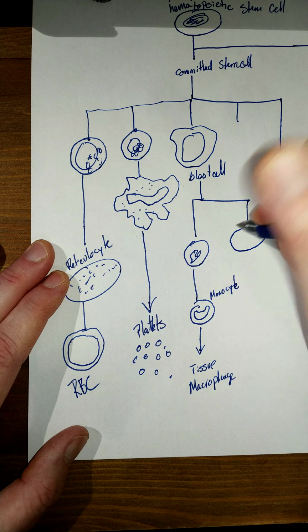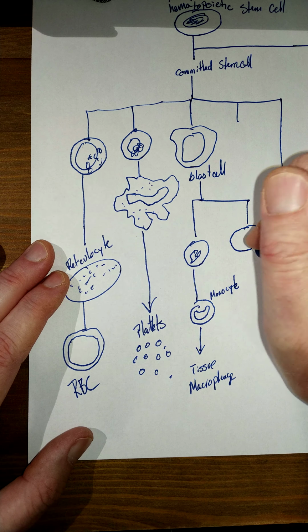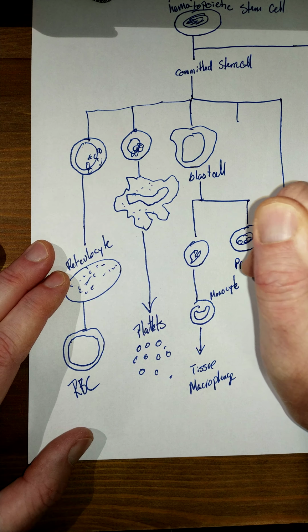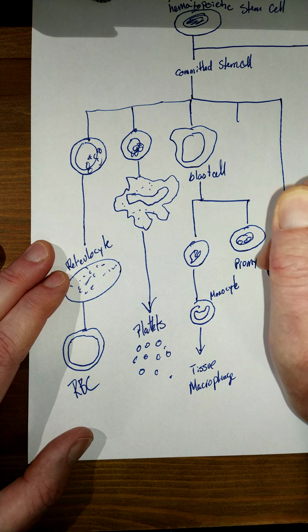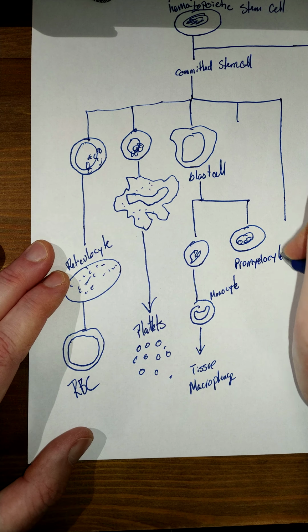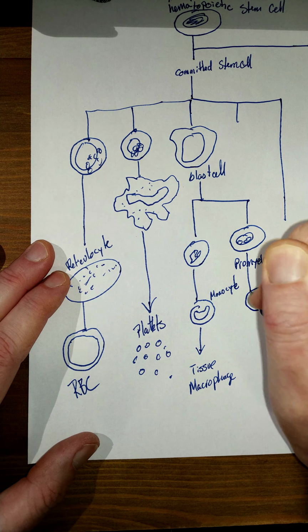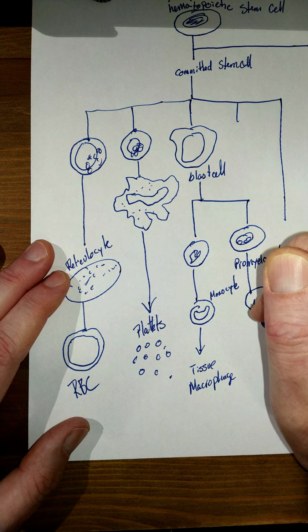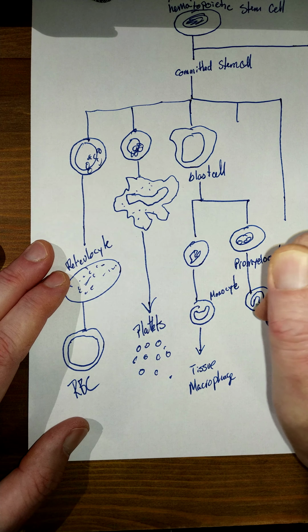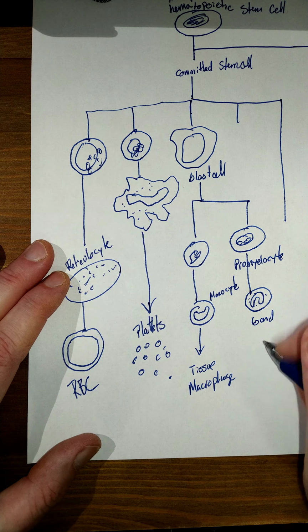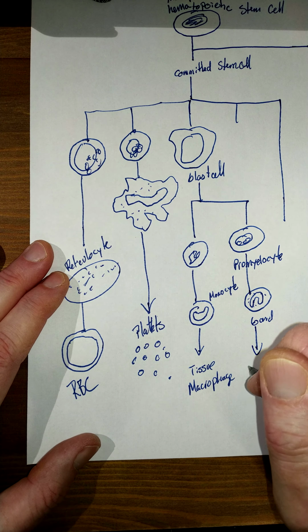Our other fate here is something like this, and this is called a promyelocyte, which differentiates into our next step called a band, and then to a neutrophil.